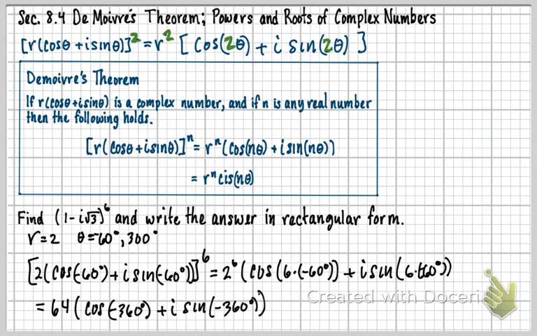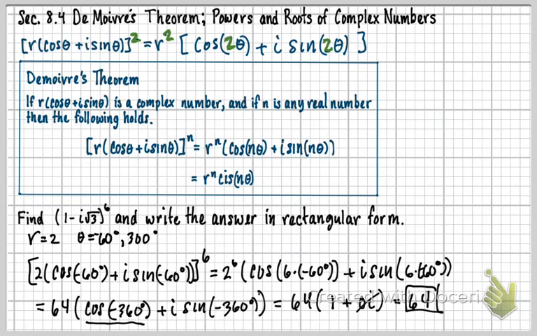So then this actually becomes very easy, because cosine of negative 360 degrees, if we think about it, is going to be here, and I know the cosine there is 1 and the sine there is 0. So we're going to get 64 times 1 plus really 0i, and I'm just going to put that in for now so you can see it, because sine of negative 360 is 0. That goes away, and I get 64 times 1, which is just 64.